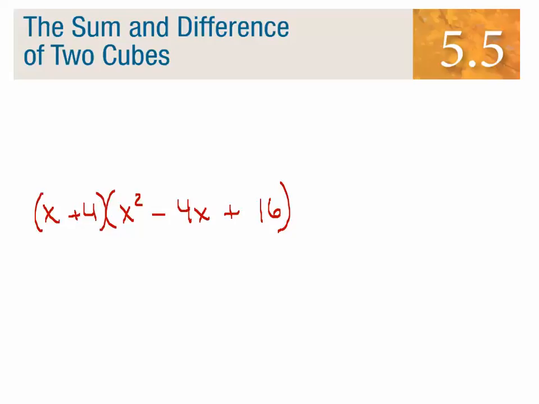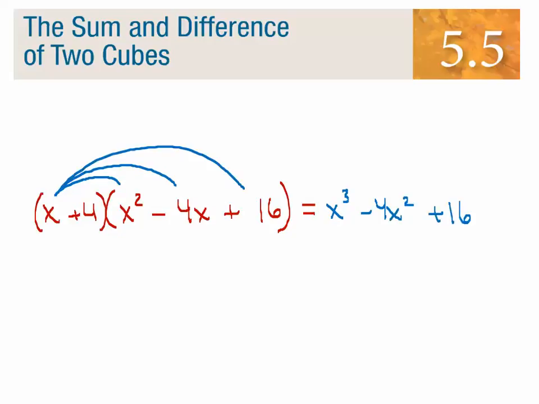All right, and let's multiply this out just like we normally would, because it's the multiplication. This is a type of chapter 4 problem here. So x times x squared, x cubed, cool. X times the negative 4x, negative 4x squared. X times 16, cool. Okay, got it. My x has multiplied everything.